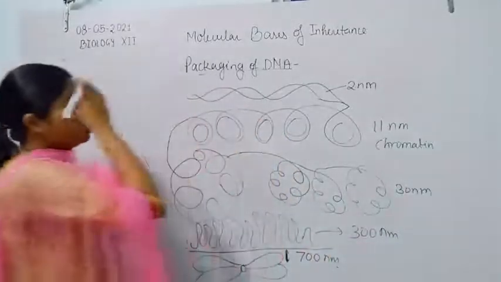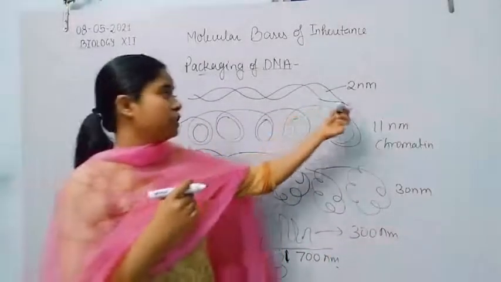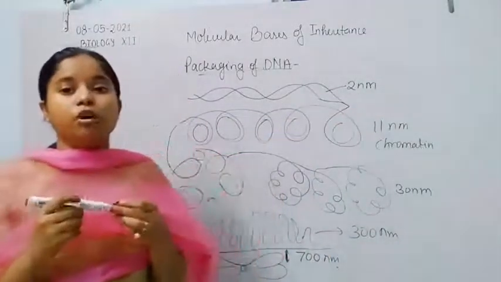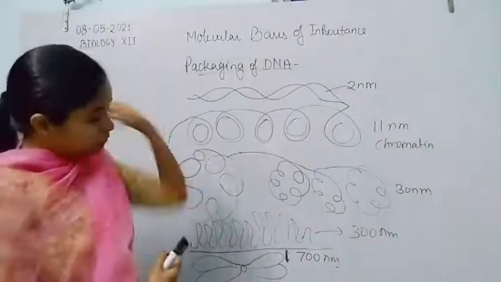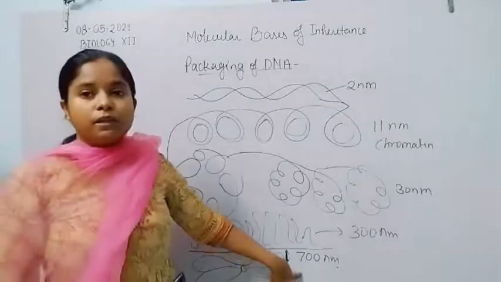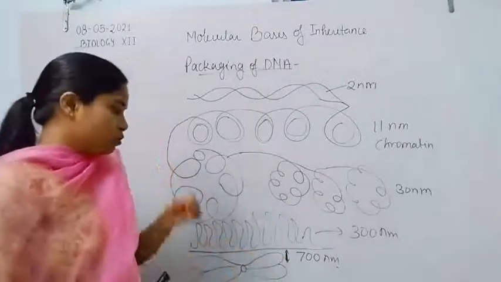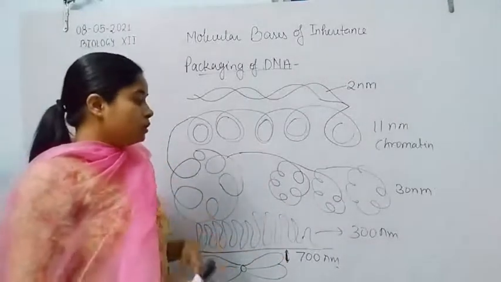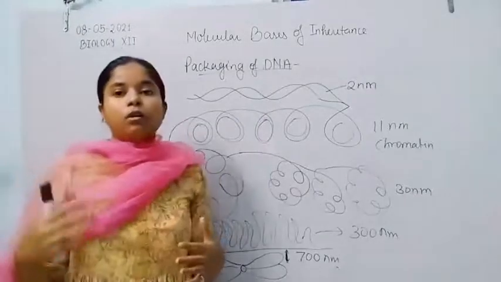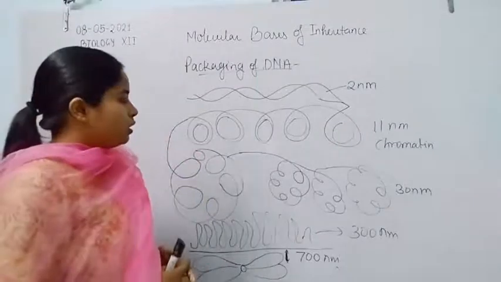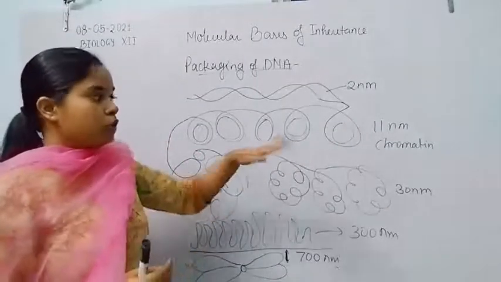So how does the 2 nanometer structure of the DNA molecule become more condensed to form the 700 nanometer chromatid of the metaphase chromosome? For this purpose there is a need for proper coiling or condensation of the DNA molecule over the histone protein.